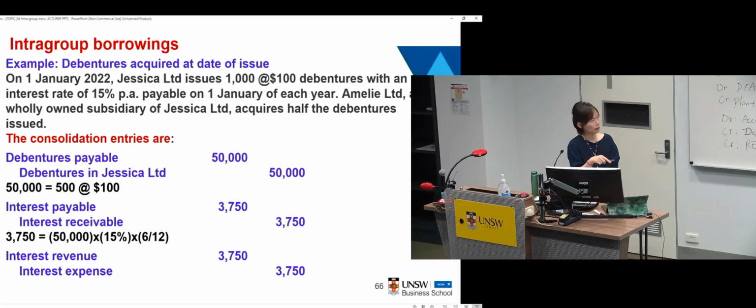In addition to that, the intragroup interest payable, interest receivable, interest revenue and interest expense should all be eliminated in full in your consolidation worksheet. The impact of these adjustments on the group profit is zero. So there's no unrealized profit or loss from this intragroup borrowing transaction. We don't need a tax effect entry.